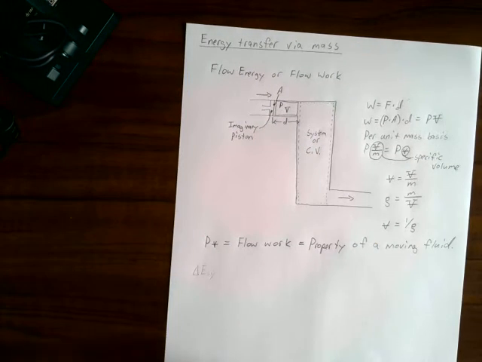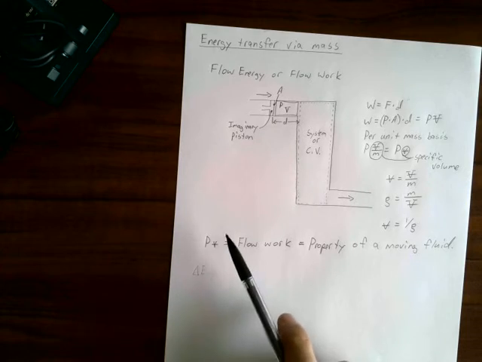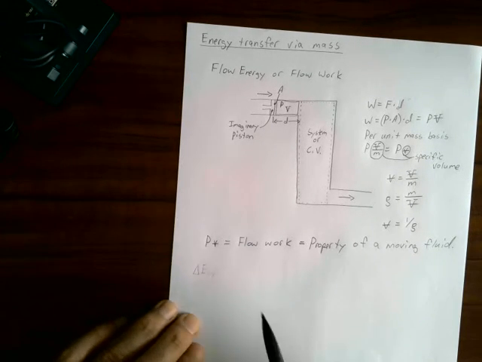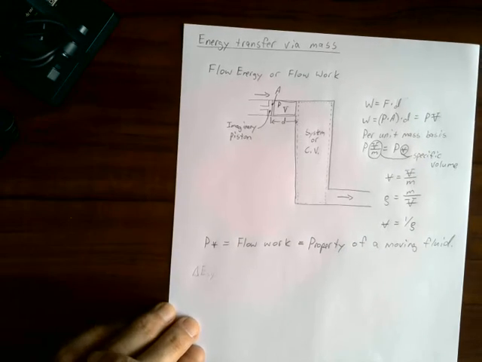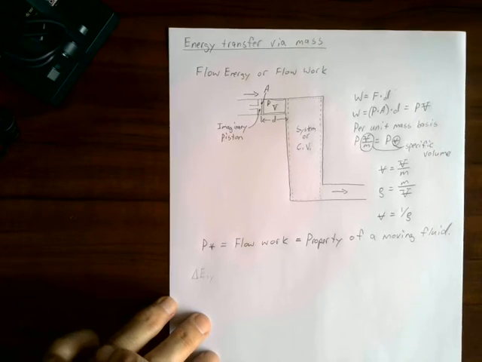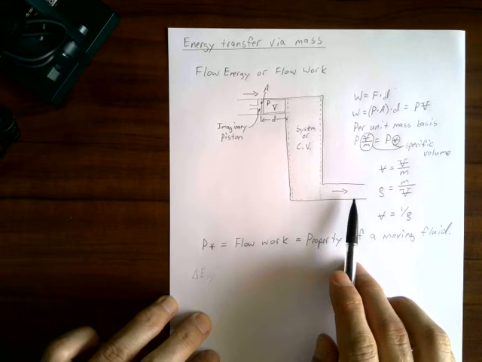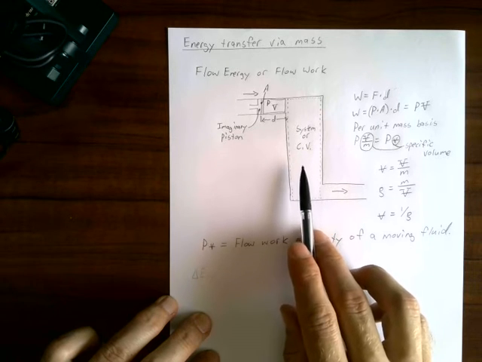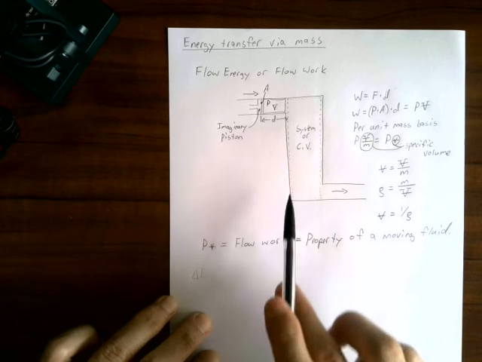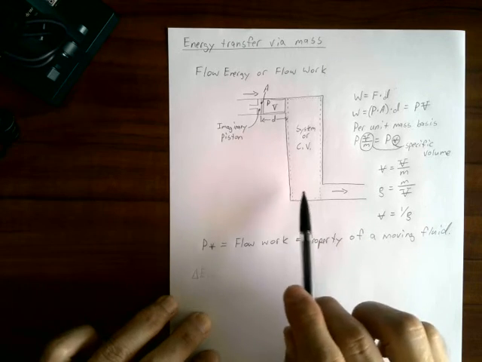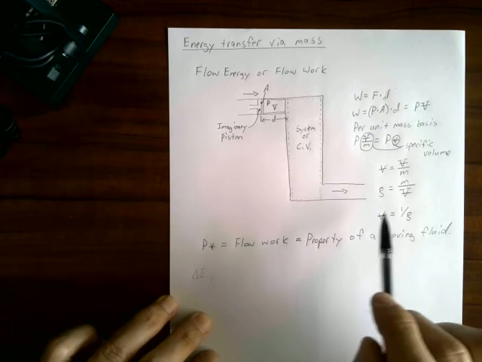So we're only going to be dealing with mass flow in terms of fluids moving into or out of a system or control volume in a continuous fashion. You have a piping system, it comes in through a pump and goes out.